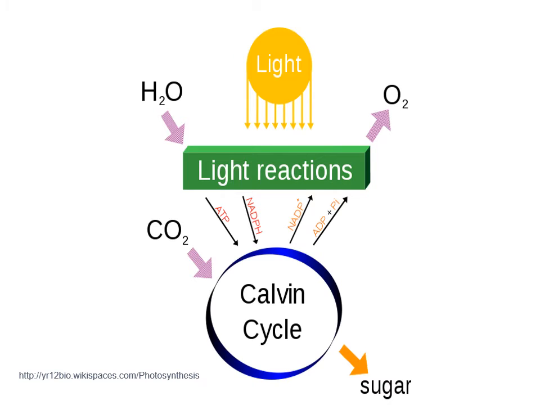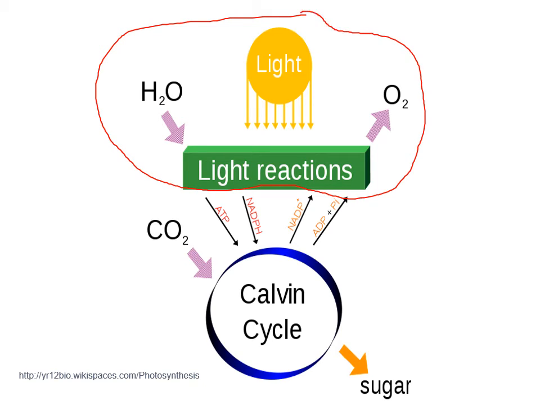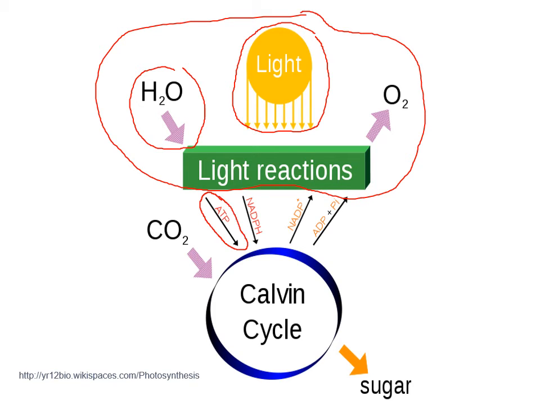So in our reaction here on this graphic, what we're seeing for stage 1, which would be this top half approximately, is that the reactants are water and sunlight. Notice which way the arrows are pointing. They're pointing down. And also, since these are pointing down, I need ADP and NADP to be input into the system.